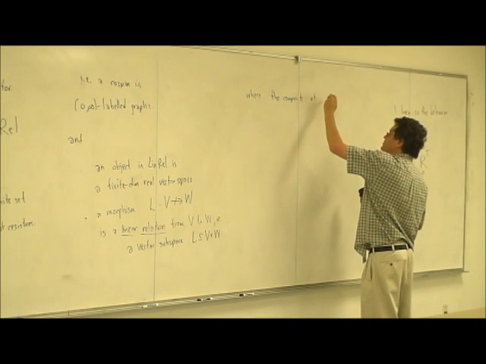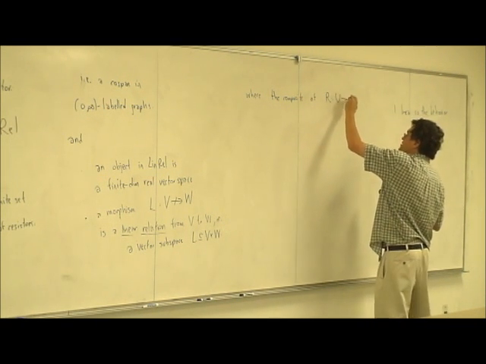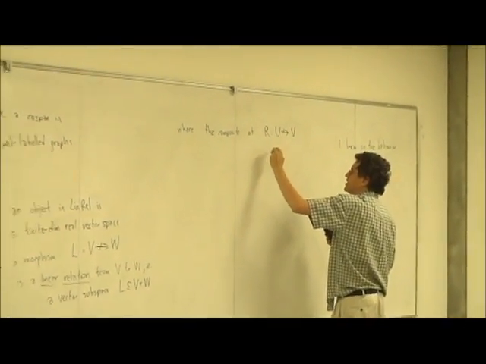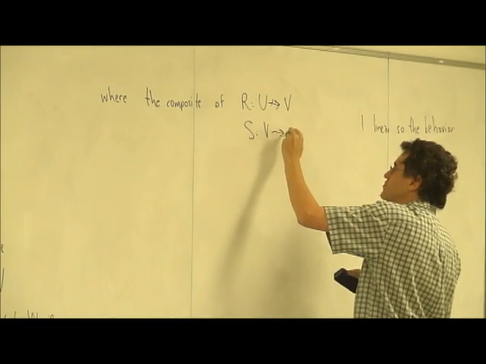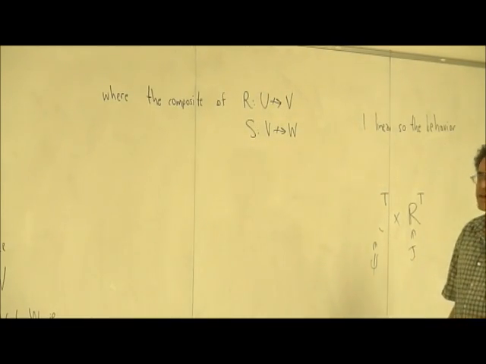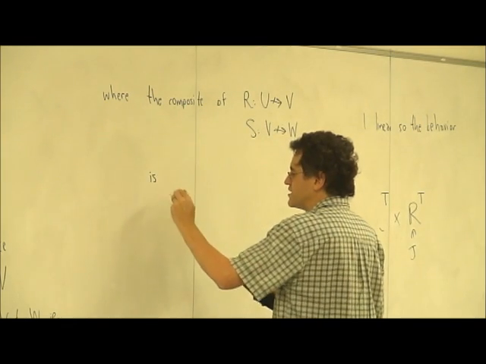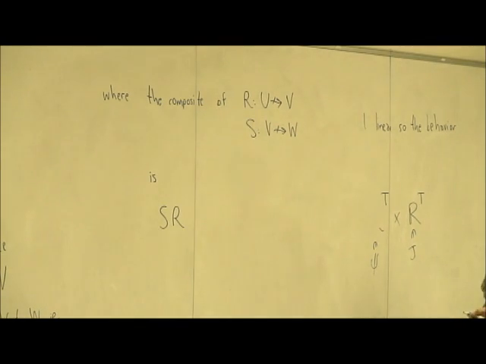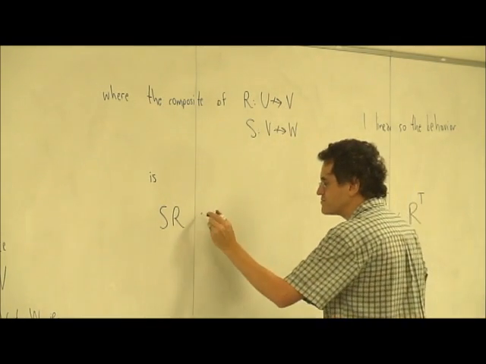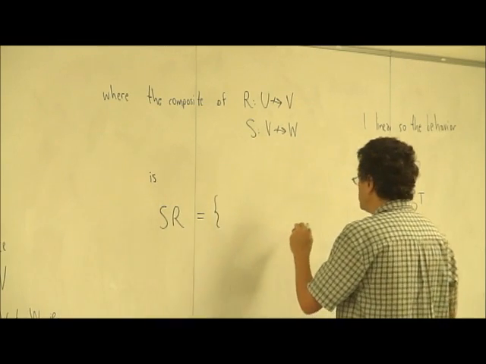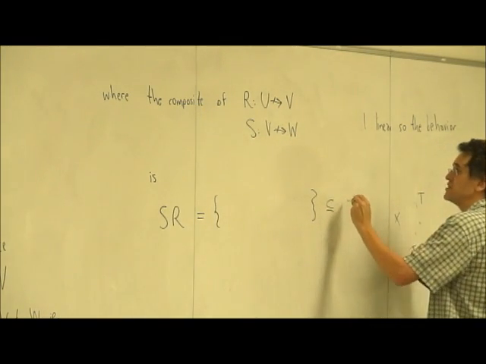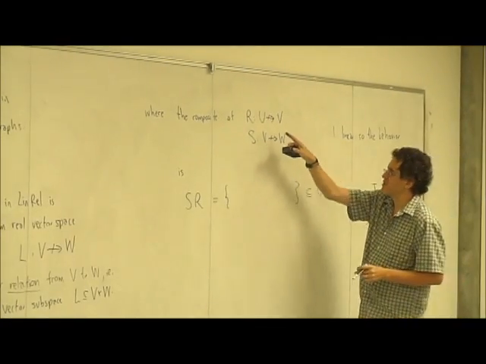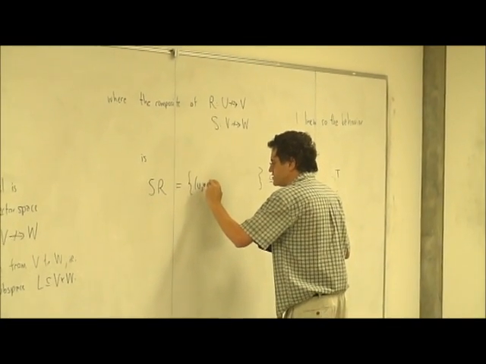So say you've got a linear relation from some vector space to another one, and then another one, say S, from that vector space to yet another one. So I guess people, due to some idiot, decide to write composition backwards like that, right? So that's the composition going all the way from U to W. So this is supposed to be some subset of U times W, a relation between guys in U and guys in W. So it's some set of ordered pairs.